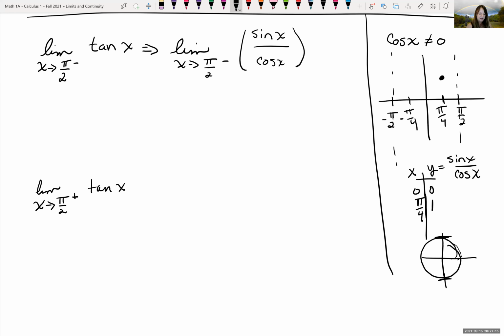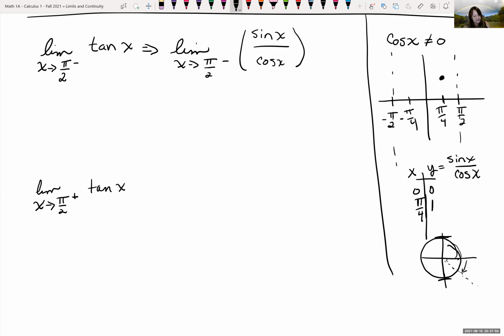If I did negative pi fourths, there's a couple of things I can do, but I'm going to think of it as going clockwise. And this is in the fourth quadrant. So it's basically the same thing as pi fourths, but I have to be careful because my x value is positive and my y value, which is my sine, is negative.